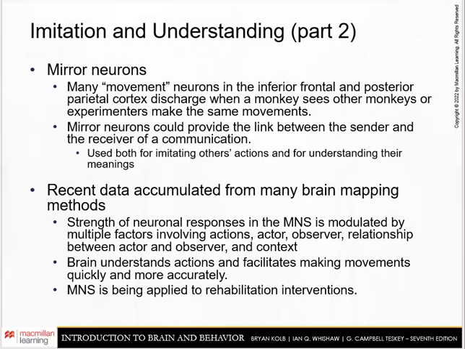But data accumulated from many brain mapping methods, including fMRI, PET imaging, transcranial magnetic stimulation, magnetoencephalography, and neuronal recordings, have really revealed the complexity of mirror neurons.